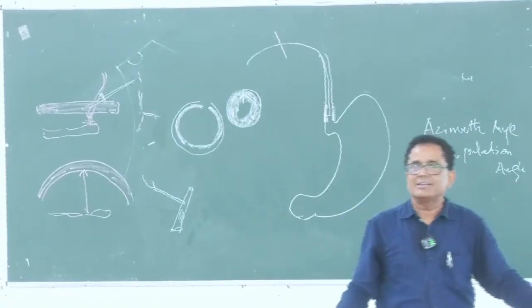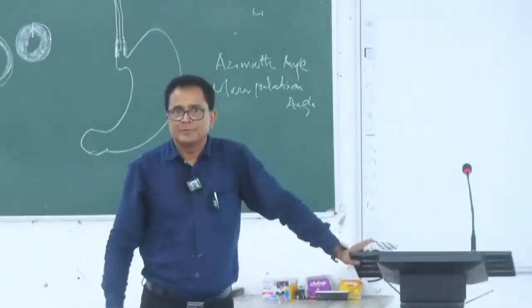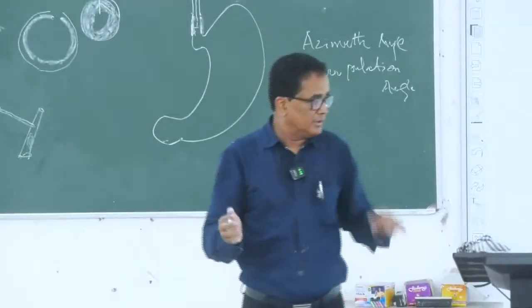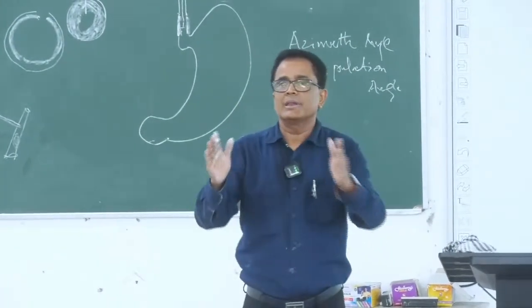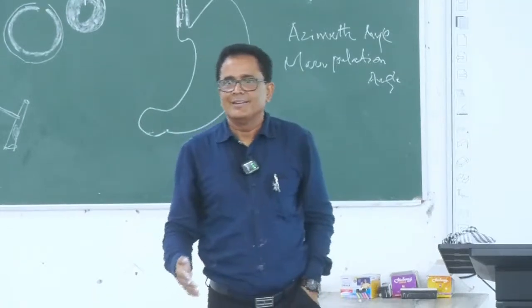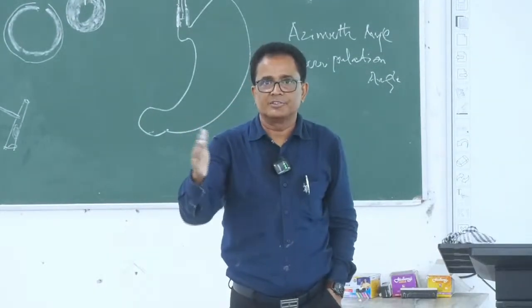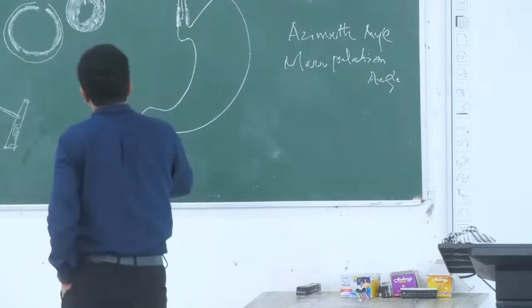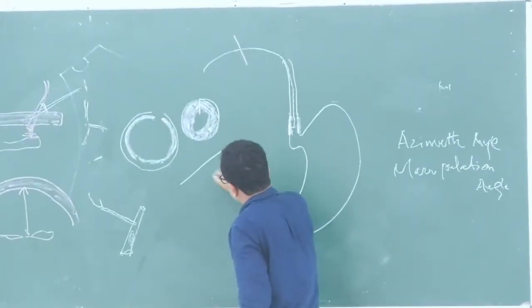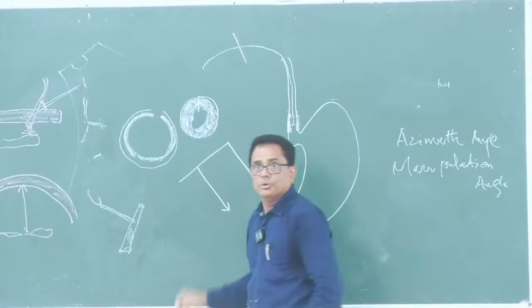And the latest addition is robotics. In laparoscopic surgery, what is the difficulty? When I am seeing you, what vision am I getting? It is a three-dimensional vision. That means it has a length, a breadth, and a depth also.